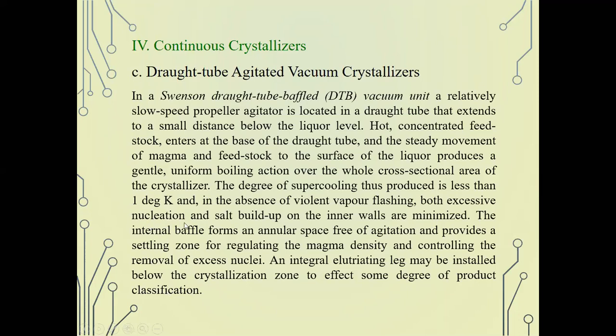The purpose is for the old nuclei to grow to a certain size that it is ready to be withdrawn from your crystallizer and new ones being processed. But this is also processing the feed in mixed suspension type, just like the previous one, the letter B.